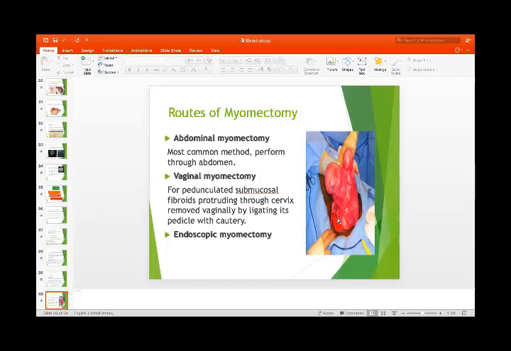And if it is a large intramural or subserosal fibroid, it can be removed by laparoscopy. So endoscopy includes both laparoscopy and hysteroscopy. Abdominal myomectomy is performed when it is a big fibroid, and vaginal myomectomy if it is a pedunculated submucous fibroid protruding through the cervix. It is removed vaginally by ligating its pedicle.